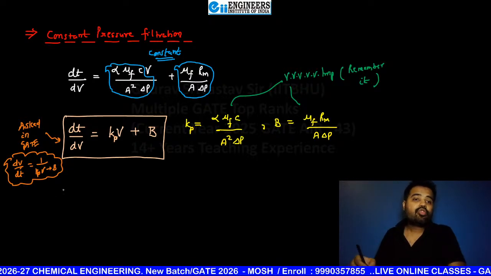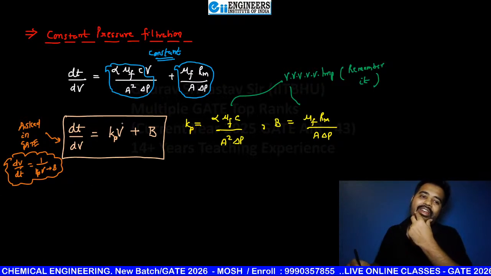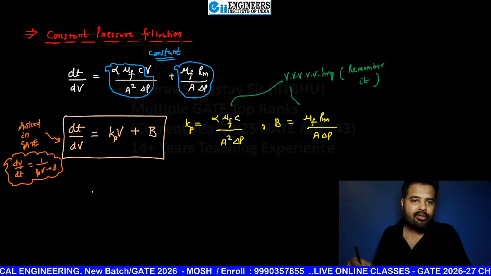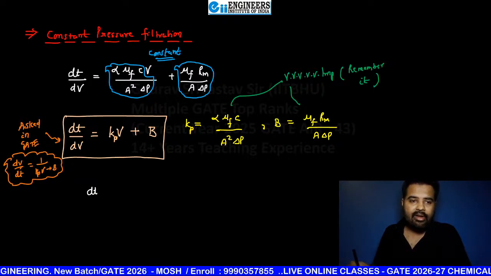Okay, so again we are going to solve this equation here. It looks like a first order linear differential equation of variable separable type. So you are going to separate variables, take limits, and integrate.